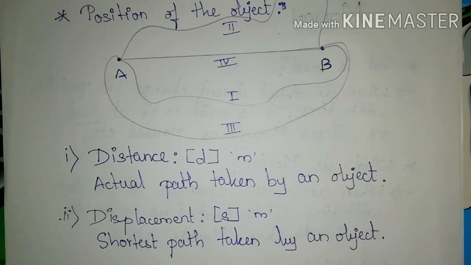The path taken by those kinds of physical quantities is measured in terms of displacement, whereas in day-to-day life we talk about distance, and both their SI units is meter.